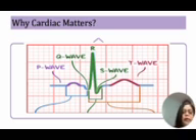We said earlier that one small box is 0.04, 0.08, 0.12, and it's about halfway, so the PR interval appears to be 0.16, and our normal value is 0.12 to 0.20, so we're still good.